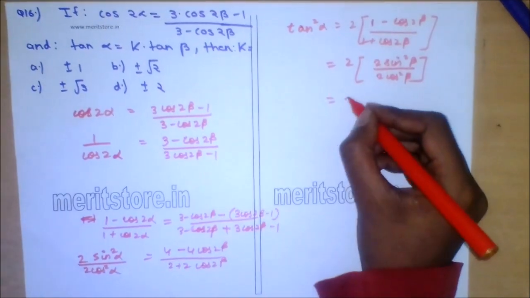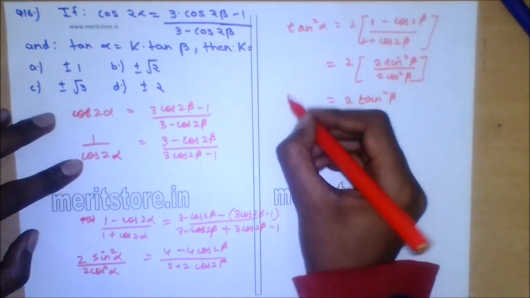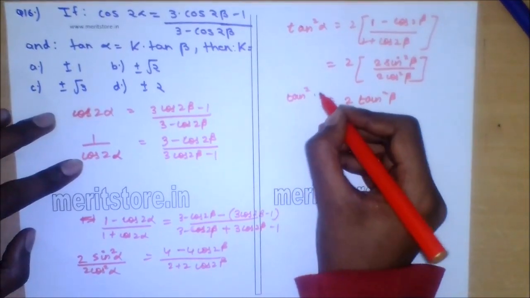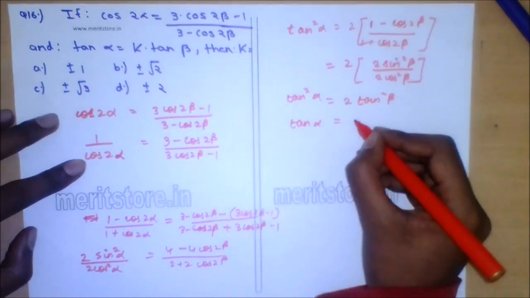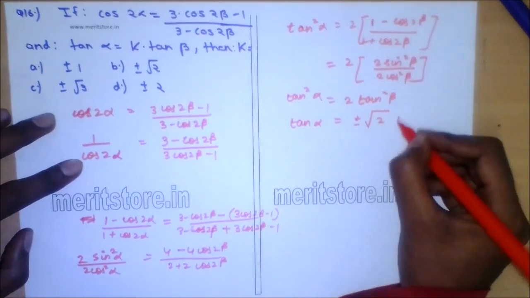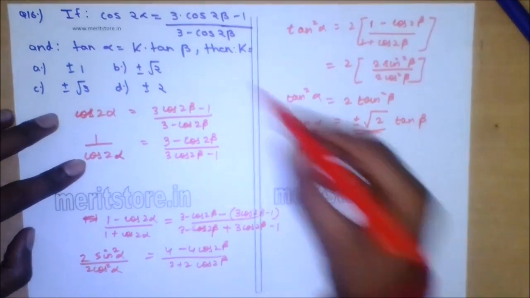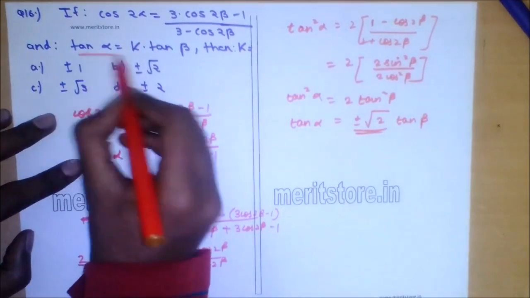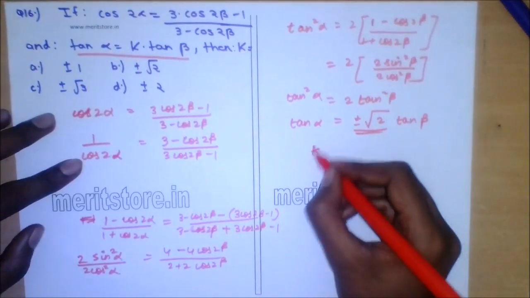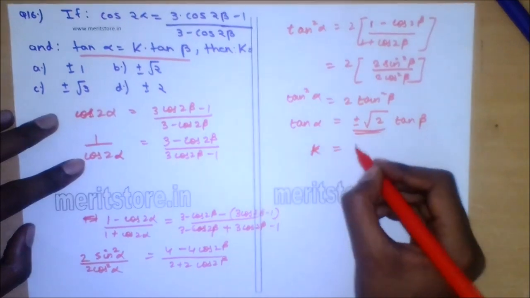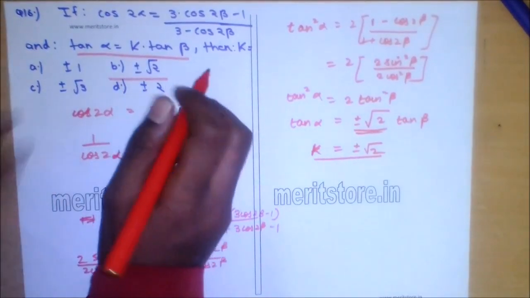That is 2 tan square beta, which is equal to tan square alpha. That is tan alpha equal to plus or minus root 2 tan beta. Now comparing this with the given data, tan alpha equals k into tan beta, we can see k equals plus or minus root 2, which is option B.